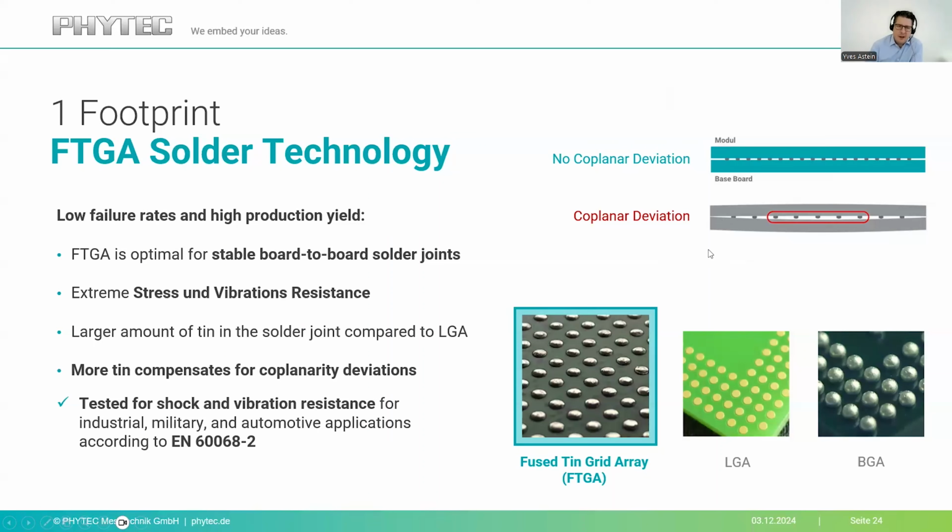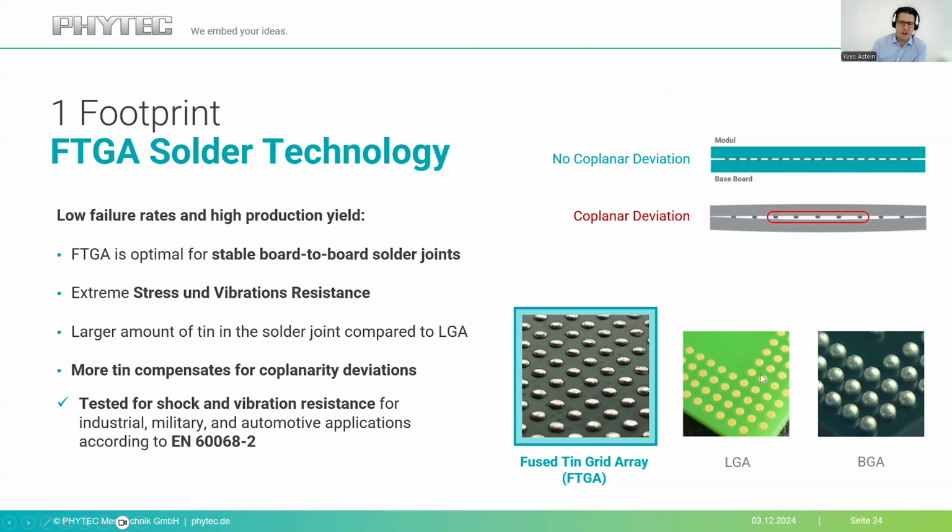And then we have enough solder in between the two mating PCBs in order to compensate coplanar deviation. So if they are not 100% parallel because of heat and shrinkage, there might be a gap that is a little bit bigger, and these pre-soldered solder joints will compensate for that.